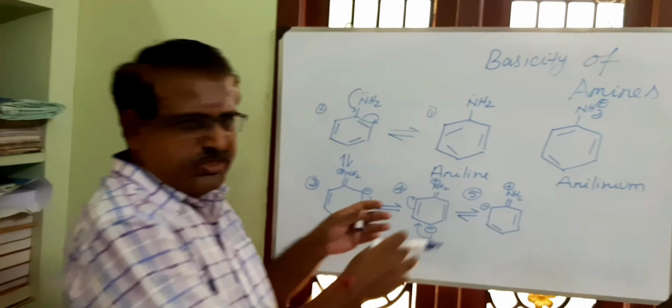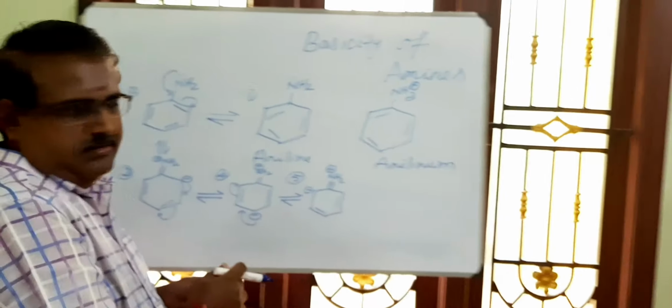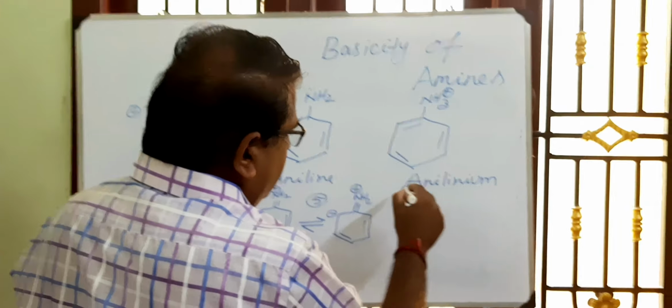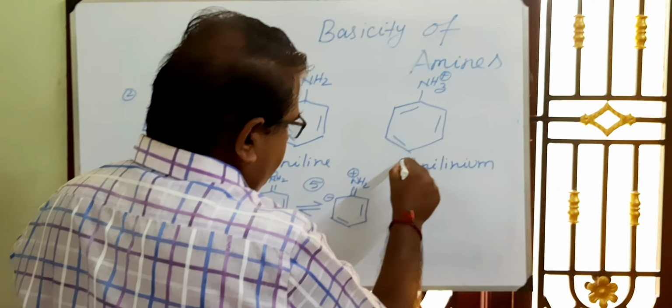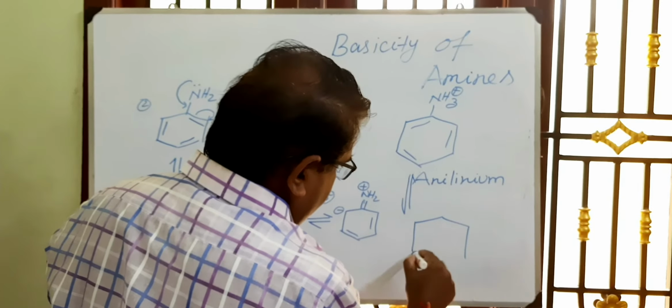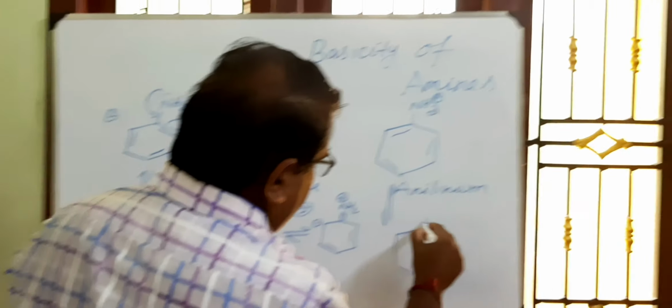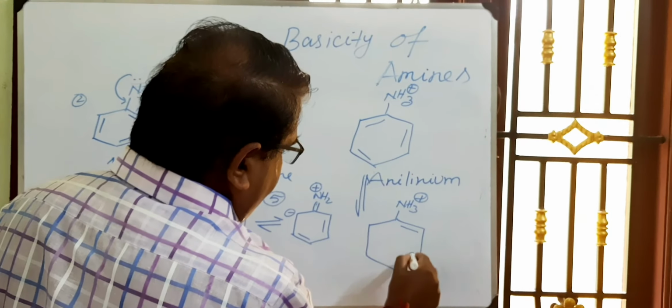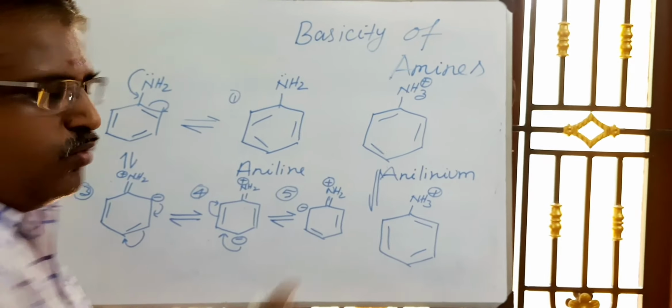Let's see how many structures there are for the anilinium ion. This is the anilinium ion, structure 1. This structure is in resonance with this structure only.